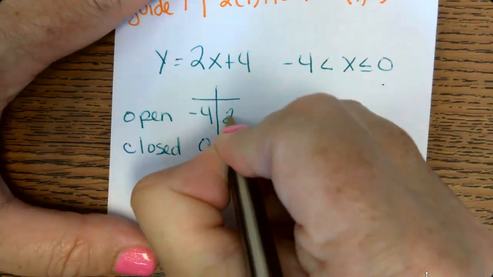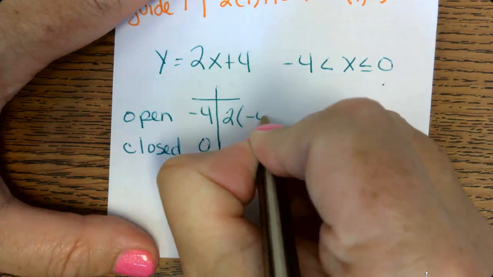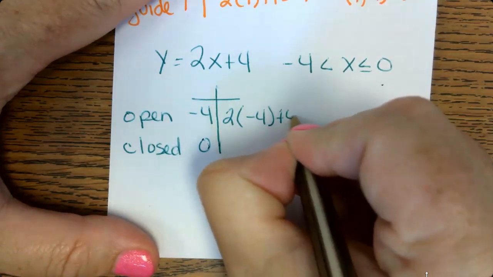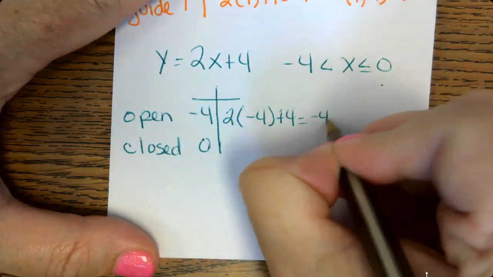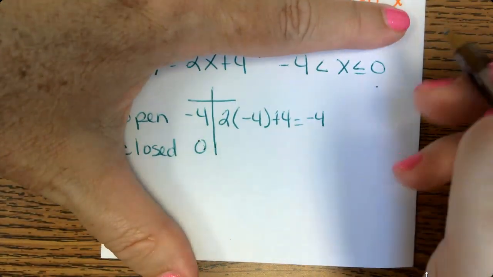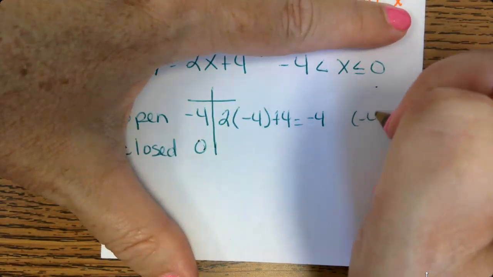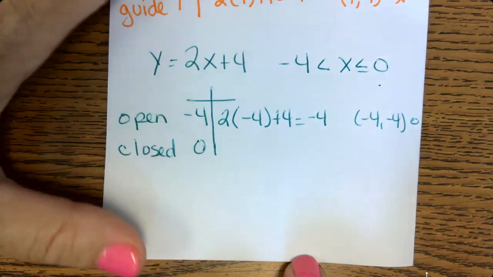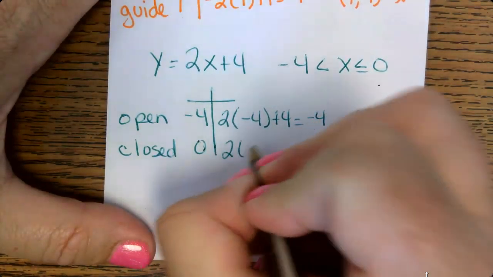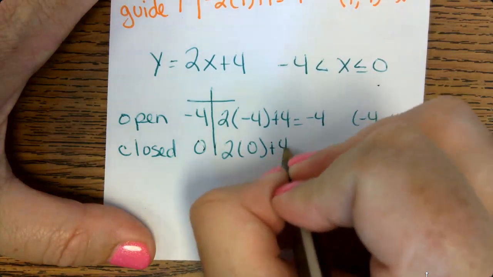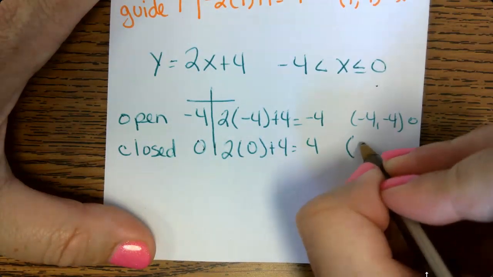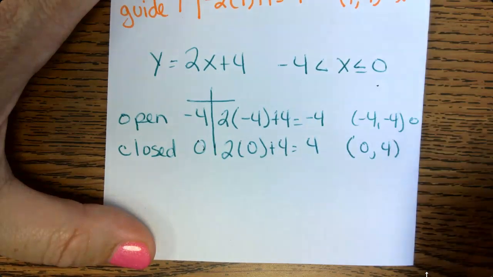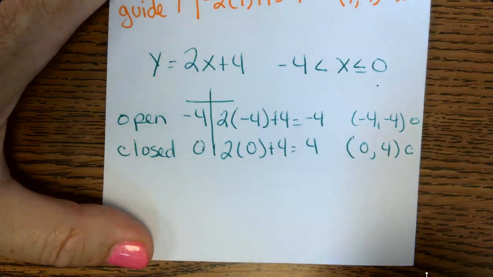So it'll be 2 times negative 4 plus 4, which is negative 4. So we get negative 4, negative 4, and this is open. And then 2 times 0 plus 4, which is 4. So 0 and 4, and this is going to be closed.